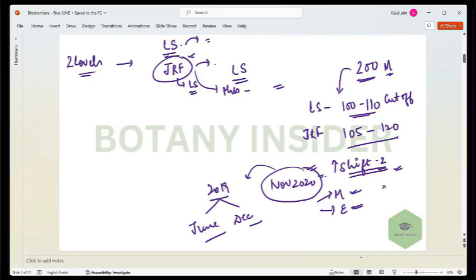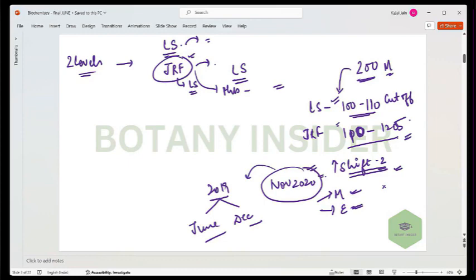Okay, so that's why we take up a range: 100 to 110 is the maximum marks required for your LS, and for JRF not 105, take it more than 110 only. Okay, 110 to 125, let's take it at a much broader level. So 110 to 125 for your JRF, right?